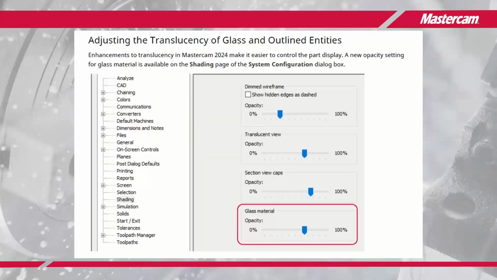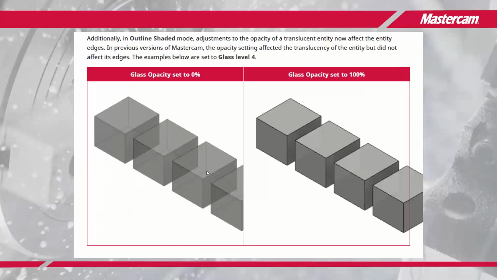Adjusting the translucency of glass material and outlined entities. So we come over here, glass material. If you choose that as a material, you're going to be able to adjust the opacity of it. Which is something you've always kind of been able to do, so nothing really new, but it will also adjust the outlines as well as just the surface or solids, right?